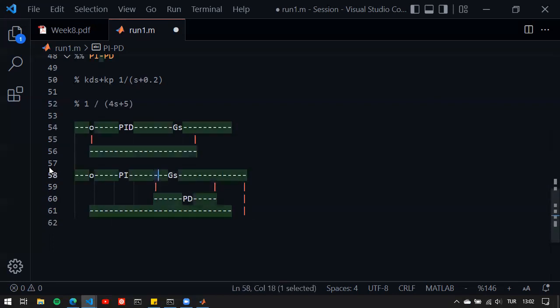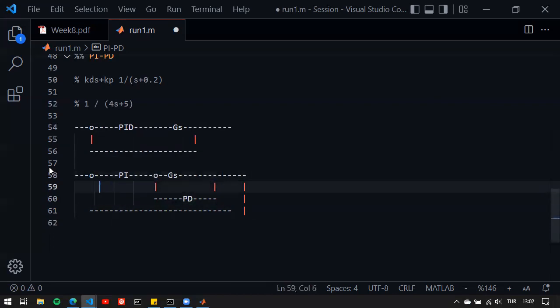Let's use the PI controller like this. That's the connection that we're looking at.